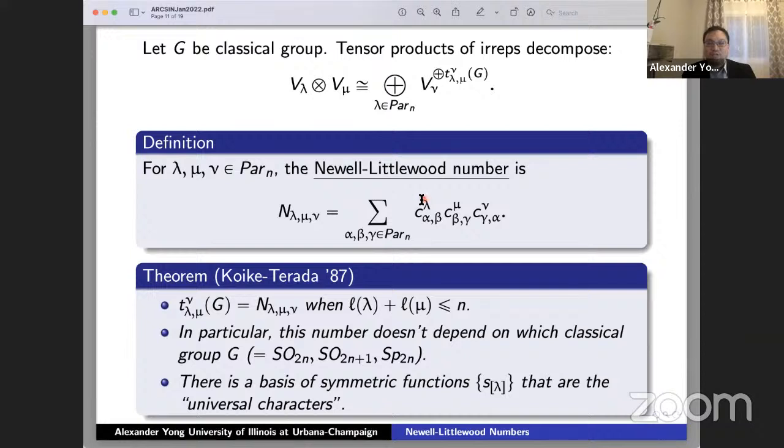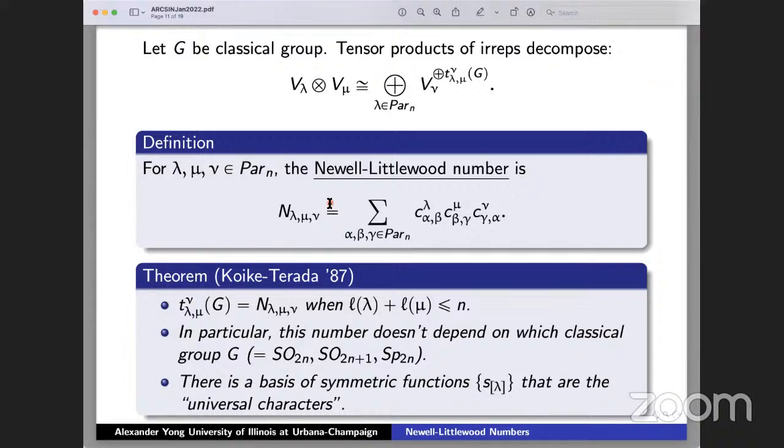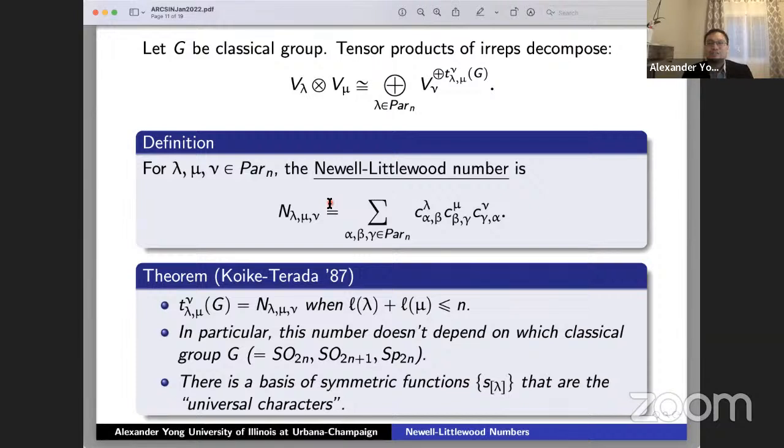You throw down a definition like this, and you ask, is there a ring with the property that product of lambda times product of mu has this many nu's appearing? You could define a pseudo ring that way and ask, is it an associative commutative ring? And the answer is that, in my experience, never, except for this case. So just axiomatically, literally write down a multiplication table and ask if it defines an associative ring.